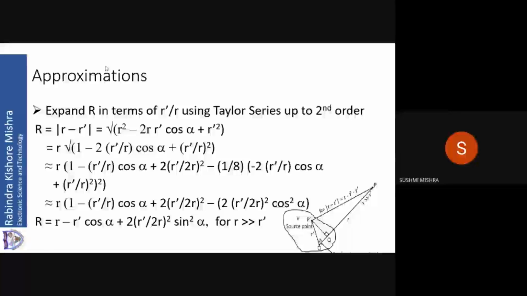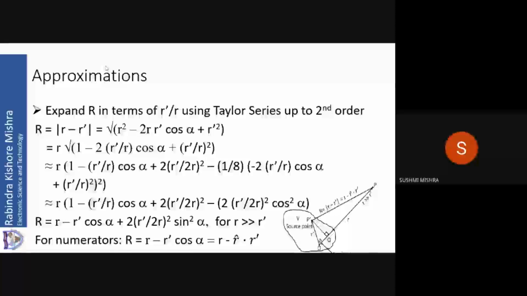Now since we are considering r to be very large, a large quantity squared or cubed or to the power 4 in the denominator will contribute almost nothing. So those will be neglected. So if I neglect that, I will get R is equal to r minus r dash cos alpha plus 2 r dash upon 2r square sin square alpha when r is much greater than r dash.